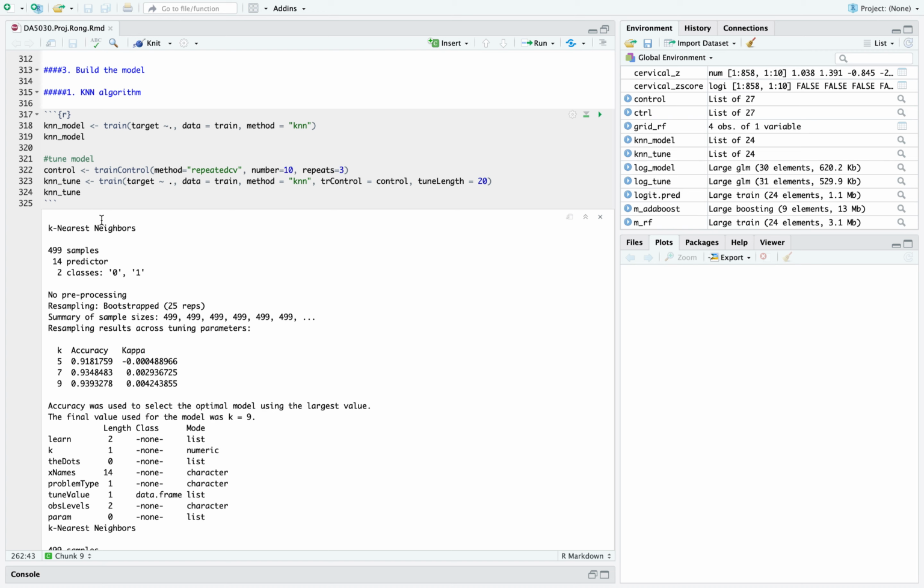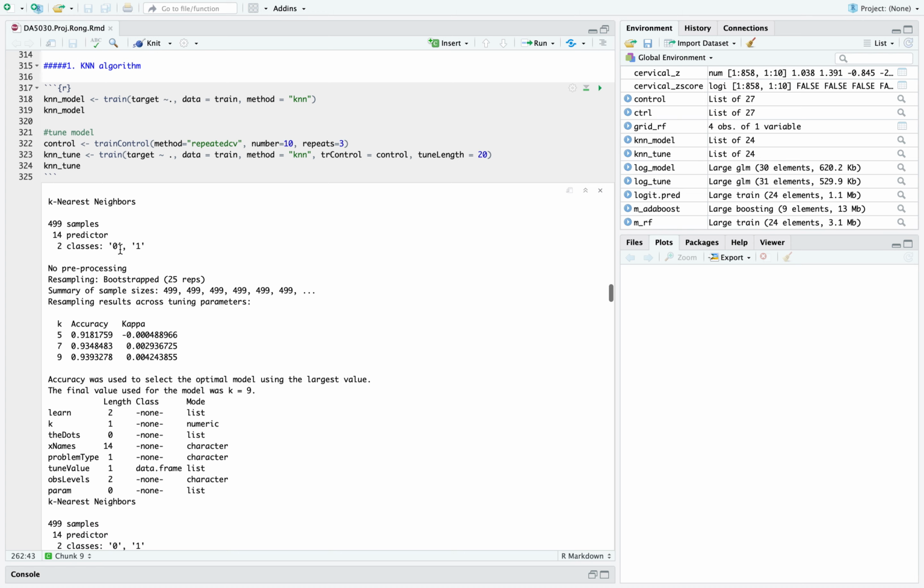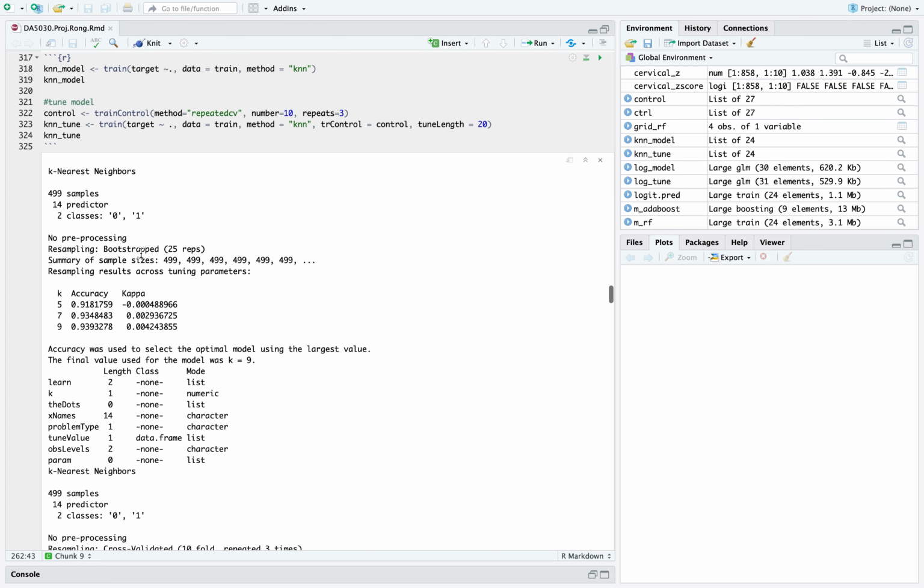In K nearest neighbors here, there are 499 samples and 40 fields being used, and the result is a class.